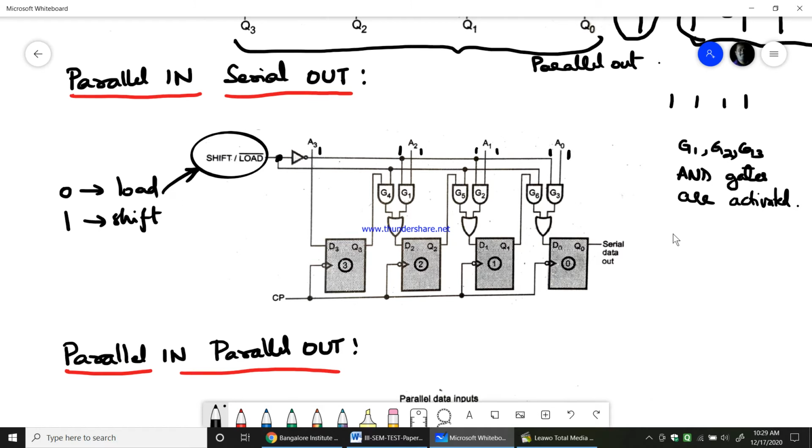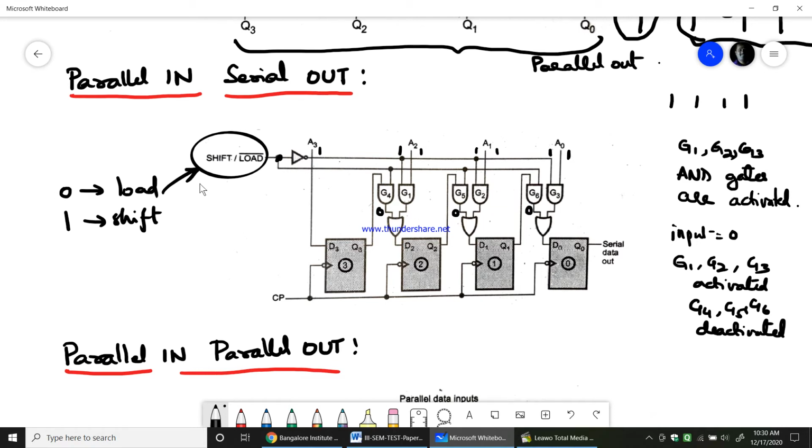So when the input is 0, G1, G2, G3 are activated, whereas G4, G5, G6 are deactivated. Therefore the output of the AND gates G4, G5, G6 will always remain 0, because they are directly connected to this point.